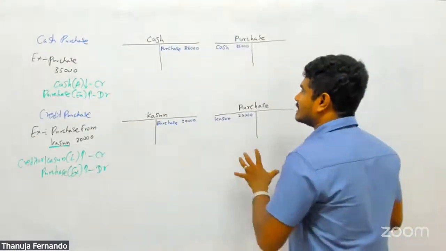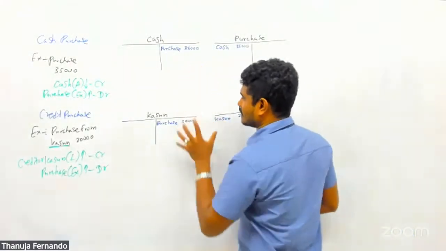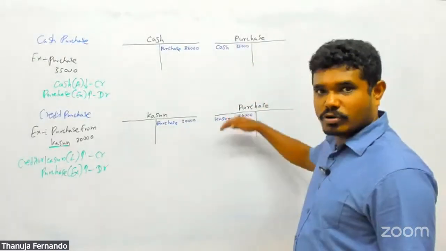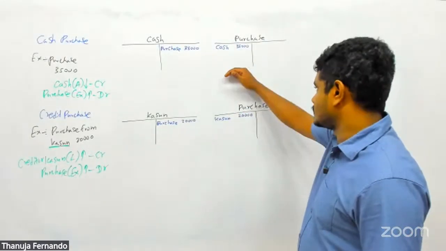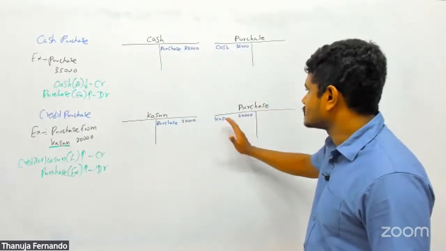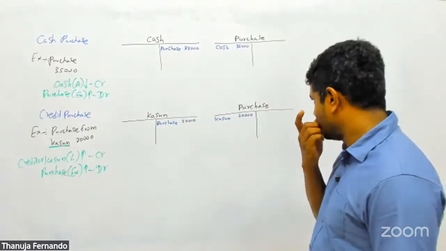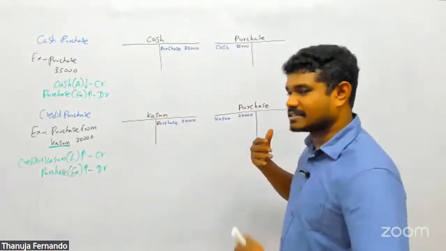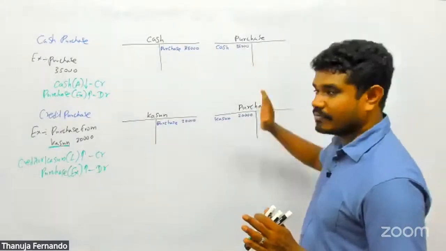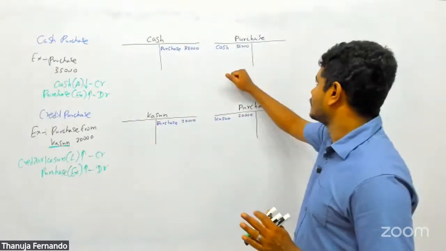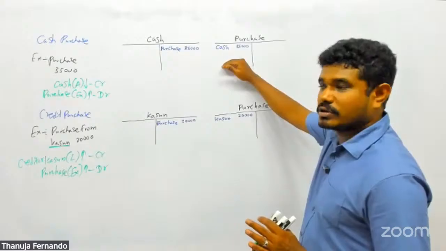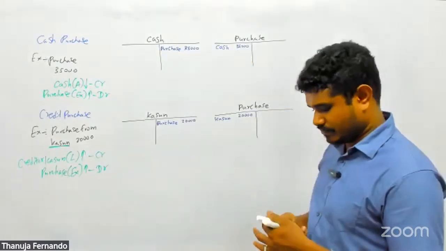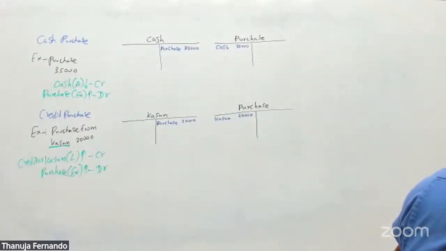Then we can see the difference between cash purchase and credit purchase, right? In both cash and credit purchases, there is a purchase account. Now we already know, even if it is a cash or a credit purchase, purchase is purchase. So we need a purchase account for both, right? In the purchase account, if we see in the description as cash, then we know it is a cash purchase.